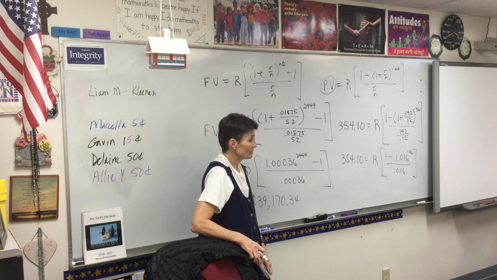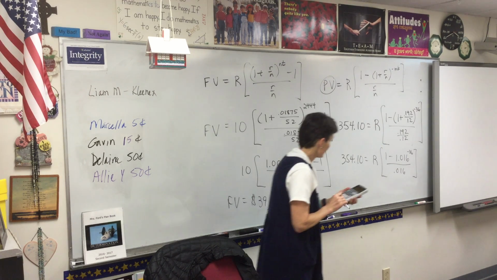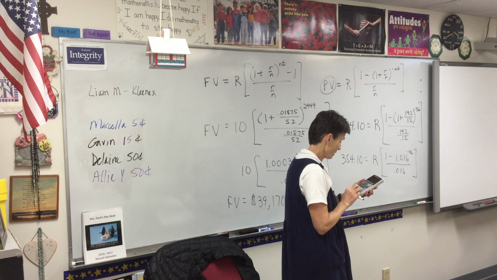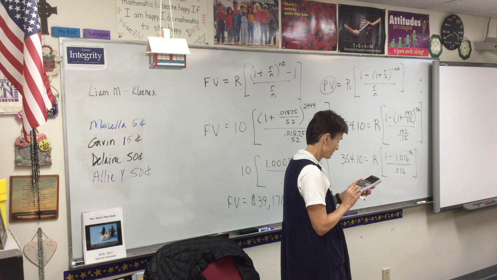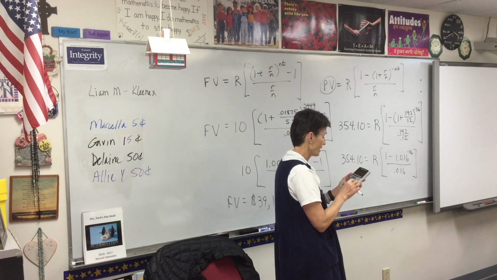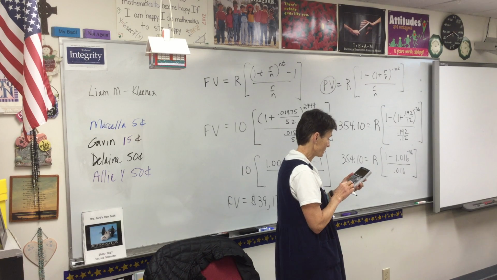Okay, probably now type in that big bracket and see what happens. So remember, when you do 1 minus 1.016 raised to the negative 36, hit equals before you hit divided by 0.016.